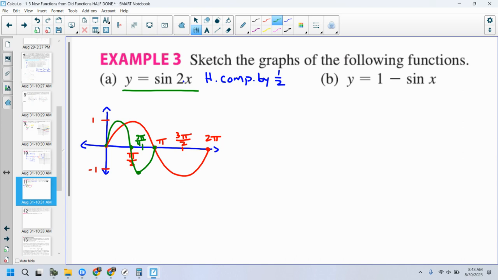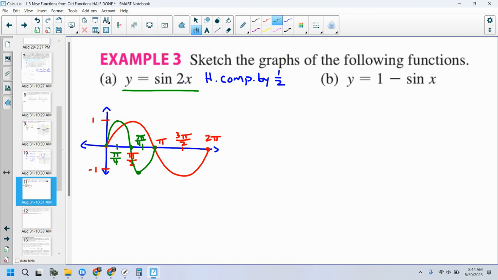And this pi over 2, which was the apex, the vertex here, now is here. It was pi over 2, so now it turns into pi over 4. Does that make sense?